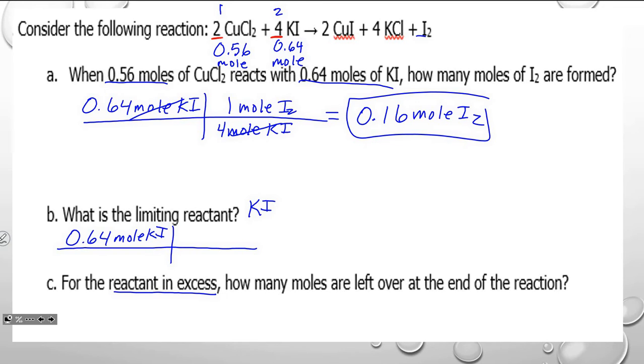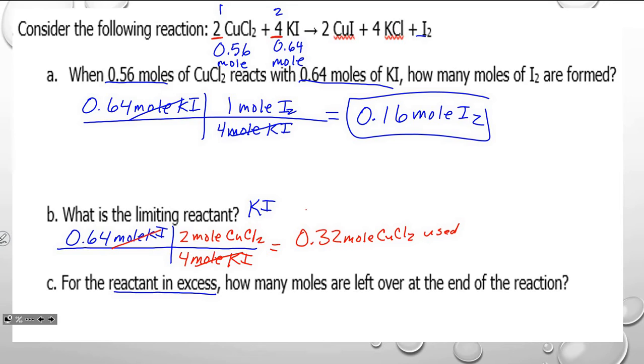So on the bottom I want to get rid of KI, so I put 4 moles KI, and on the top I want to go to copper chloride, so I put 2 moles of copper chloride. Moles of KI go out. I would take this, times it by 2, divide it by 4, which is basically dividing it in half. I get 0.32 moles of copper chloride that I have used.